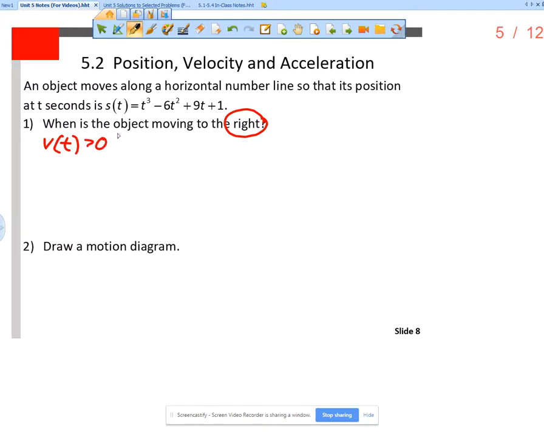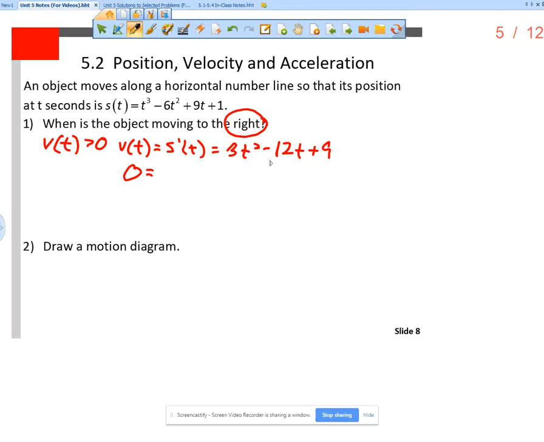All right, so first of all, we need to find velocity. So v of t, remember, v of t is s prime of t. So very simple, 3t squared minus 12t plus 9, right? So that's s prime of t. So now, if I want to know when velocity is positive, I first of all need to know when it is 0, and then we can do a sign analysis. So we're going to set s prime or v equal to 0.